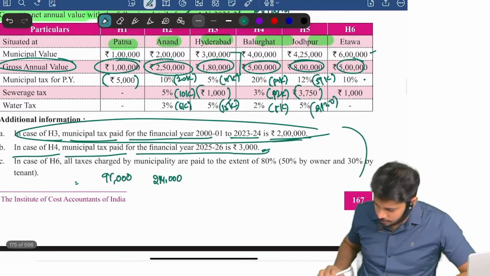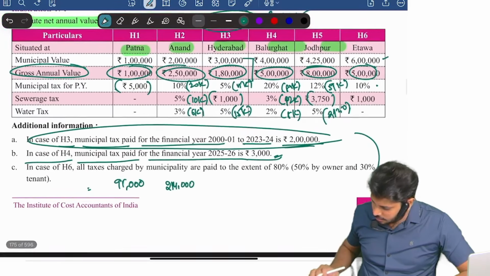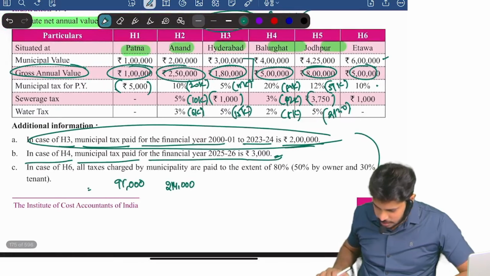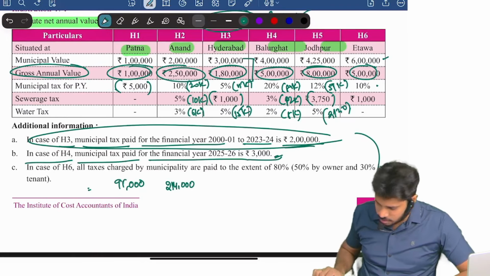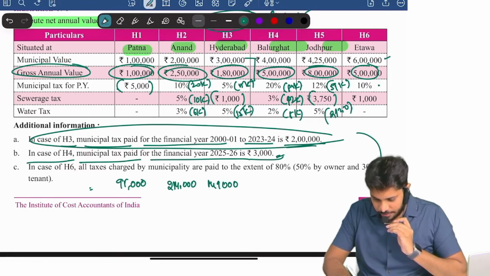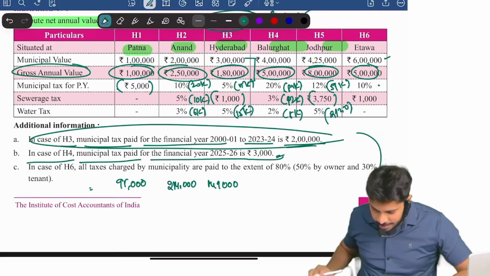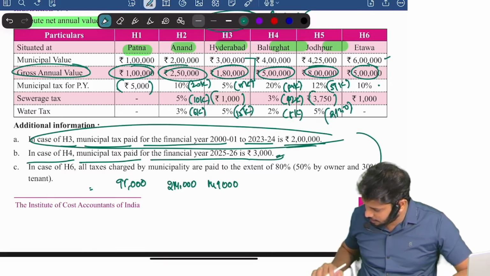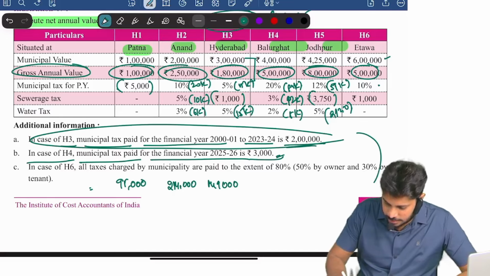Then 1 lakh 80,000 minus 15,000 minus 1,000 minus 15,000 is equal to 1 lakh 49,000, correct? Then 5 lakh minus 80,000 minus 12,000 minus 8,000, 4 lakh, correct?